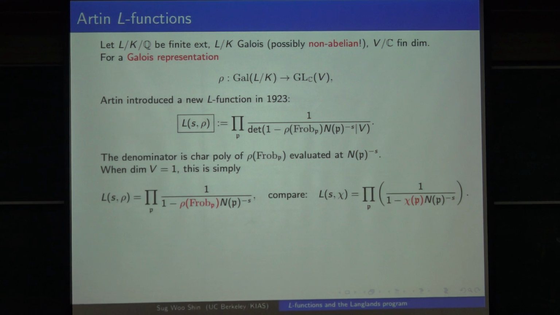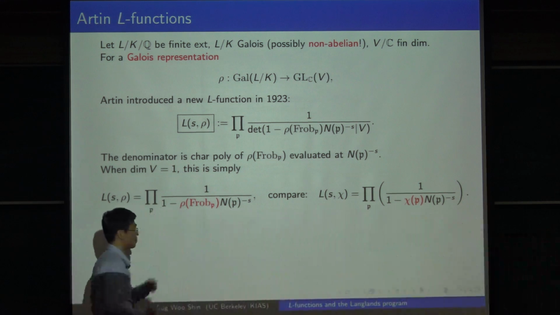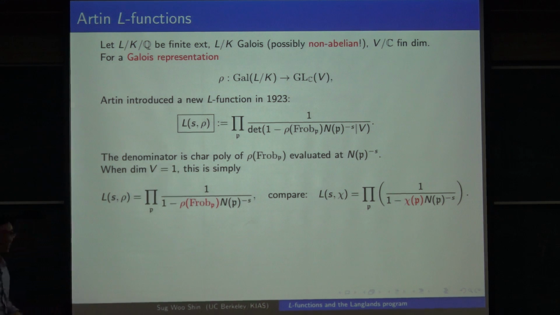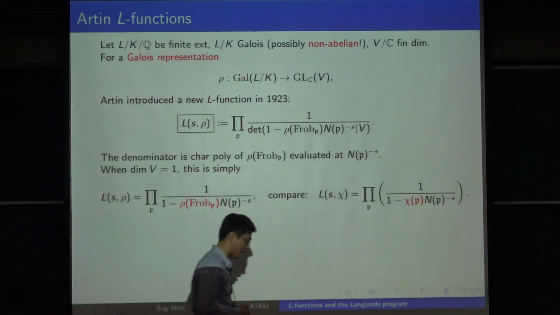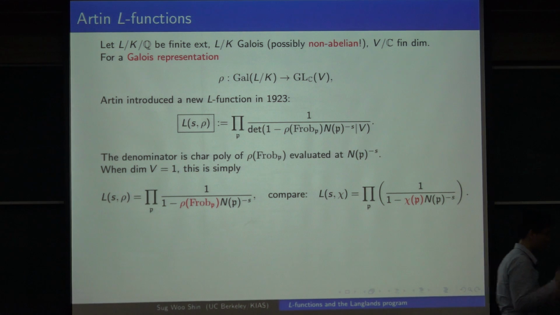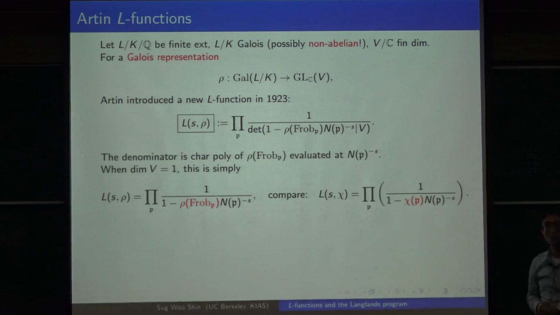Okay, and then you wonder, given this, can they be related? Well, in a certain way. And that's exactly what Artin asked himself. Somehow he came up with this new definition of L-functions, and behind the scenes, Artin was deeply influenced by Frobenius, who developed character theory, representation theory for non-abelian groups.